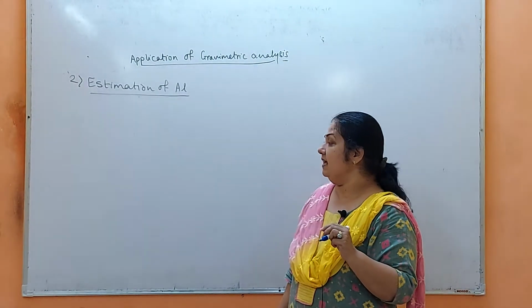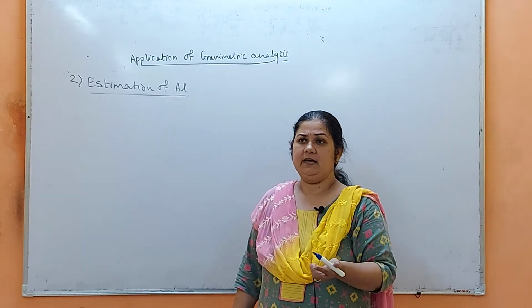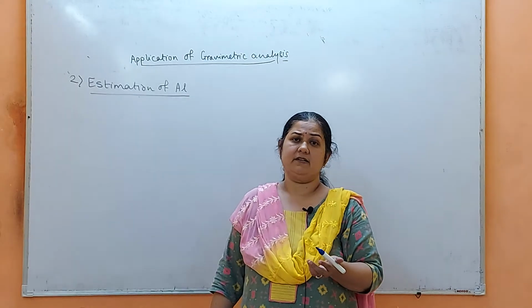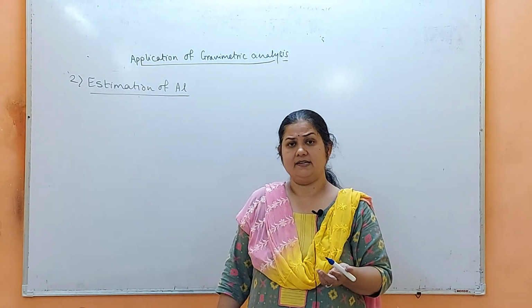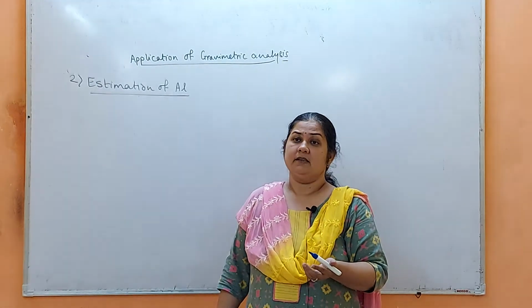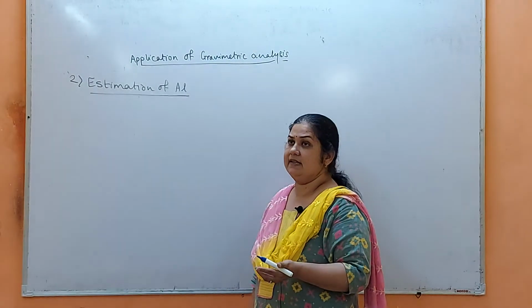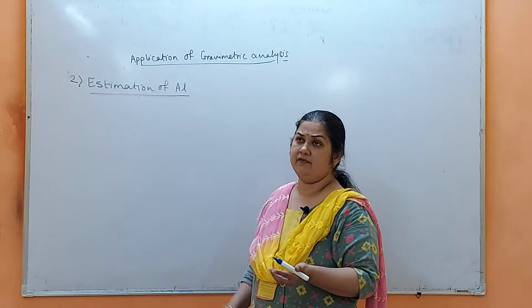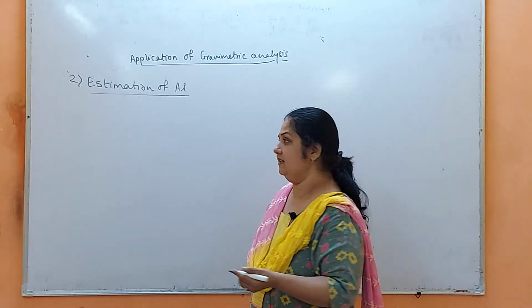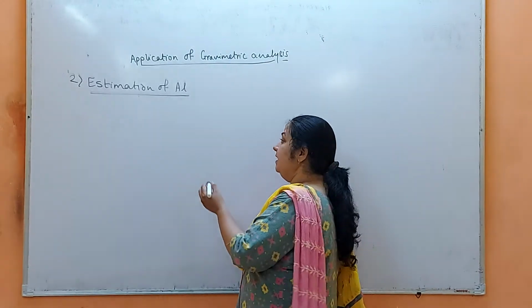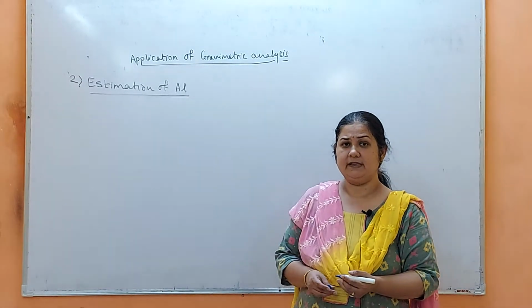Now see, as aluminium forms a gelatinous precipitate of Al(OH)3, that is aluminium hydroxide, the pH control is a must. Now what is done is a fixed volume of acidified Al solution is taken, then it is heated for 2 minutes.